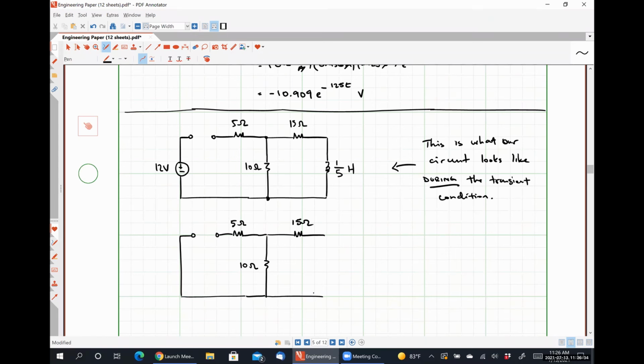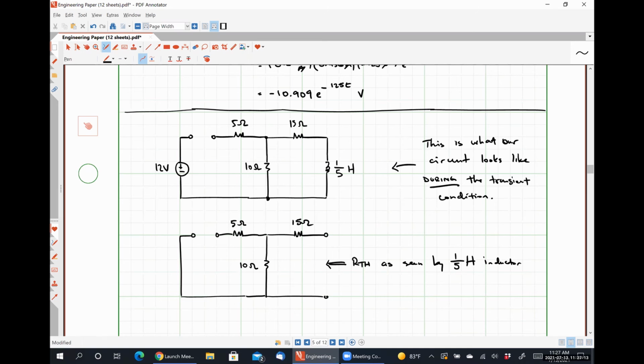All right, so when I am trying to find the Thevenin equivalent resistance with respect to a particular circuit element, what I do is I take that circuit element out of our circuit and I look in through the terminals that are left behind. So this will be RTH as seen by the 1/5 of a Henry inductor. We remove the inductor from the circuit, look in through its terminals, and figure out what resistance we see.